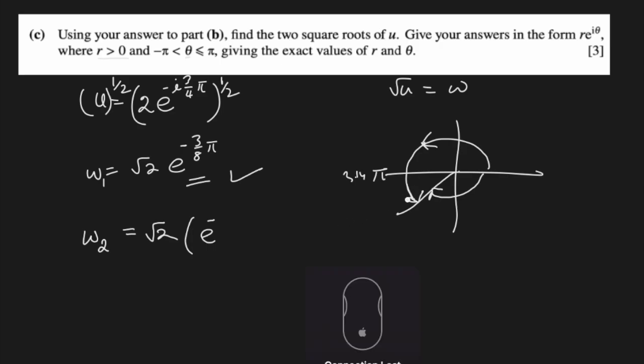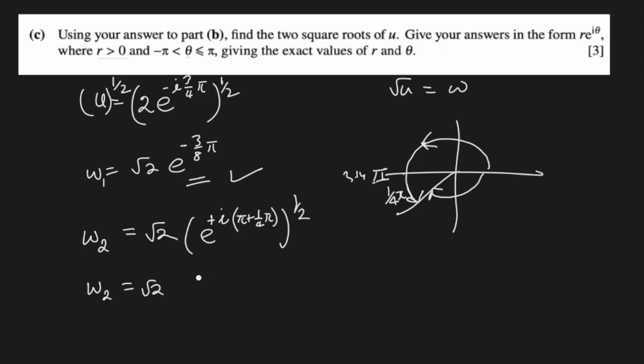This is positive, so i times pi plus pi by 4. This is the whole angle, which was positive pi, and in the previous part we got 1 over 4 pi, and I'm adding it. So let's see what we get as the second answer.